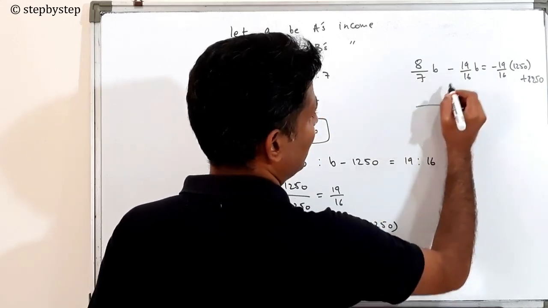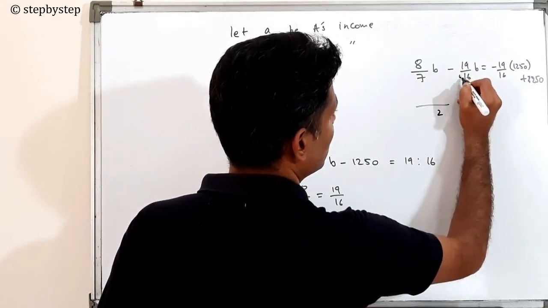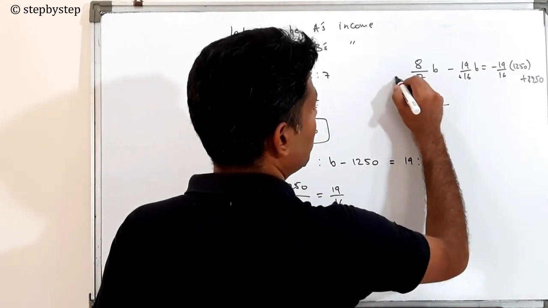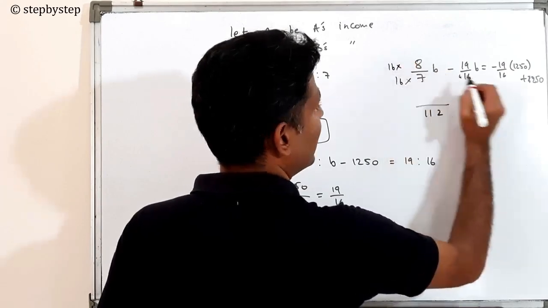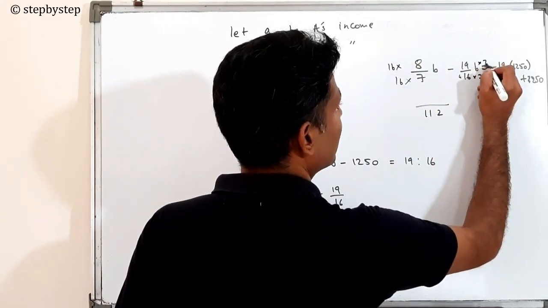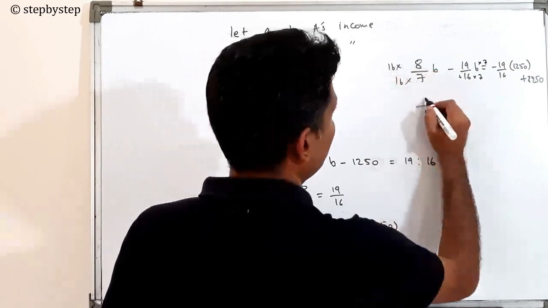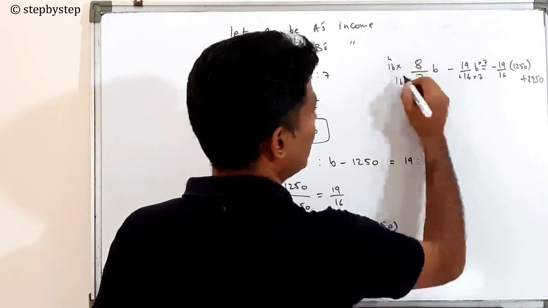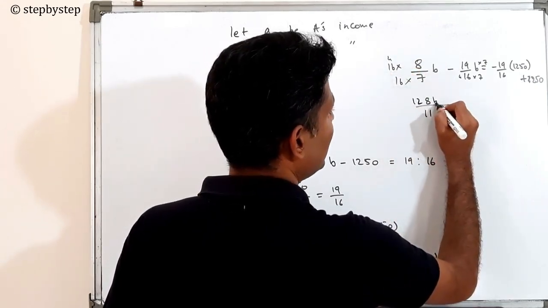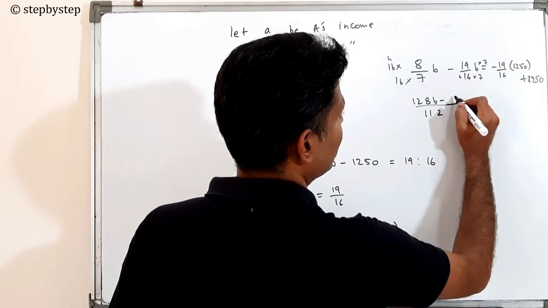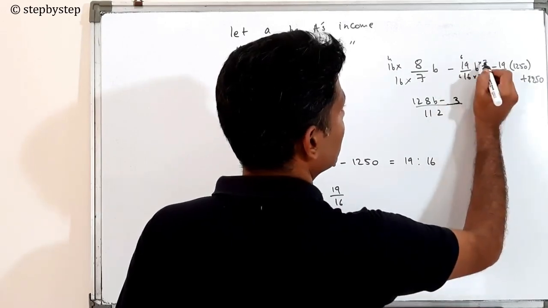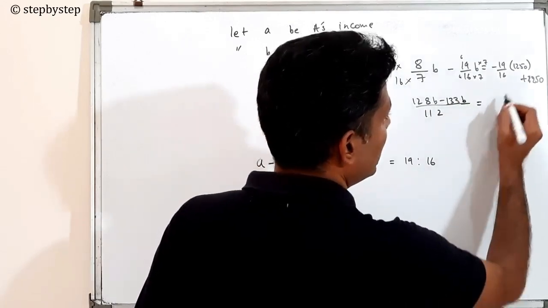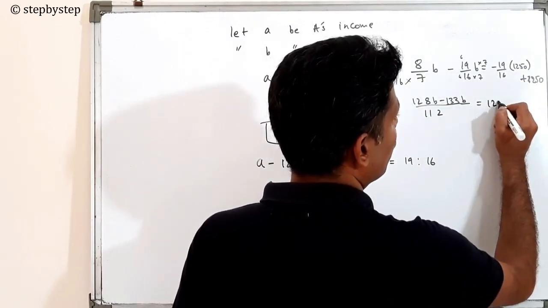LCM of 7 and 16 will be 7 6s are 42, 7 plus 112. So here I have to multiply by 16 and here I have to multiply by 7. Right? So 16 8s are 128, 7 19s are 133, so 128B minus 133B equal to, here I can take 1250 common.